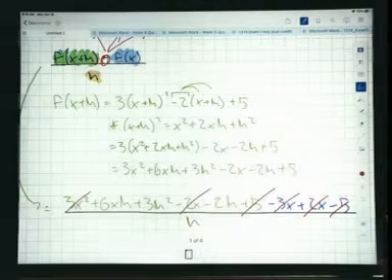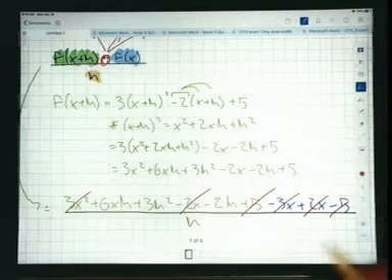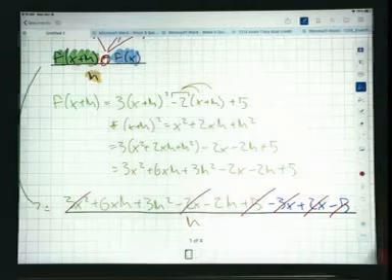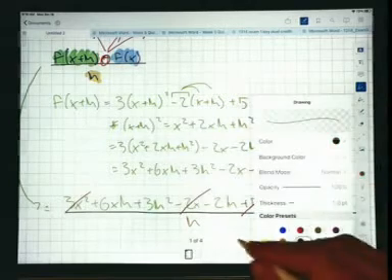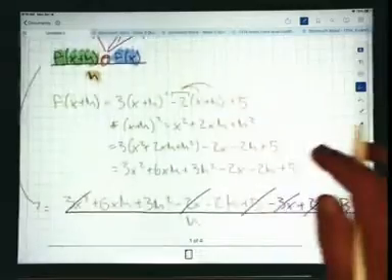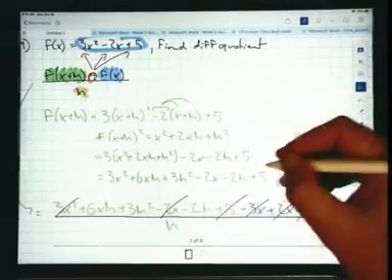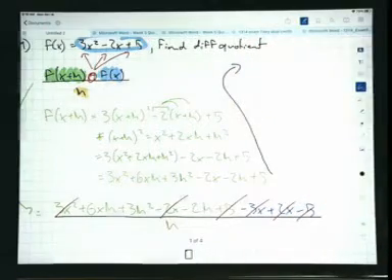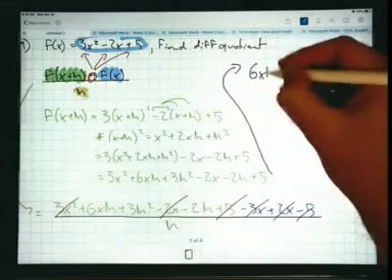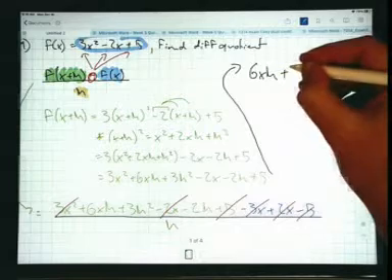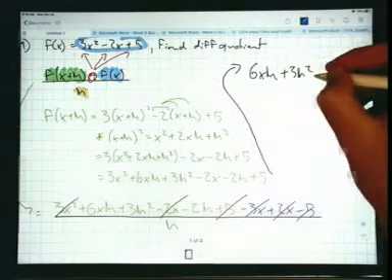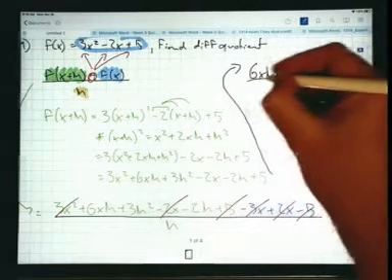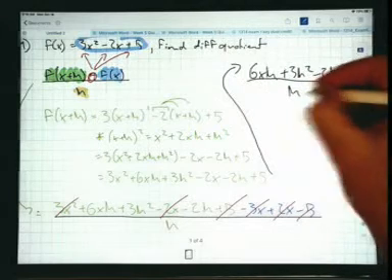All that you should have left in the numerator are things that have an h with them. So what do we have left? We have 6xh plus 3h squared minus 2h, all over h.